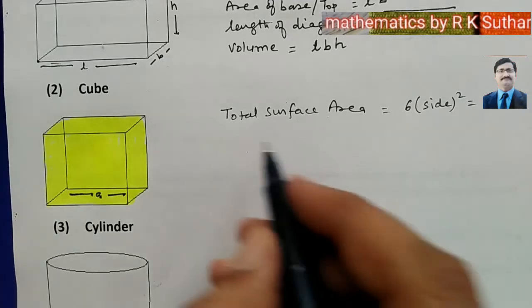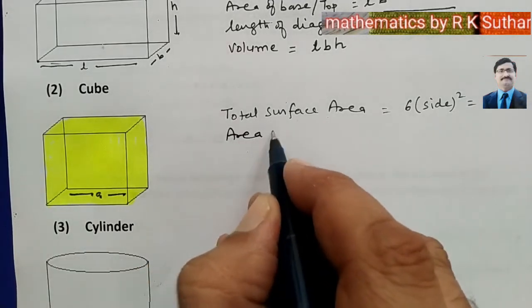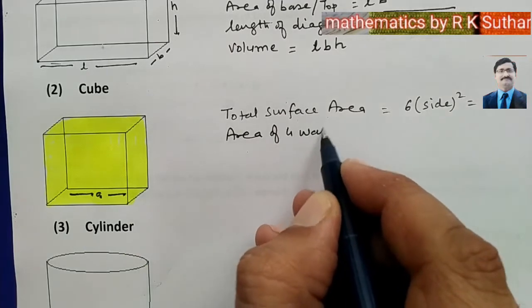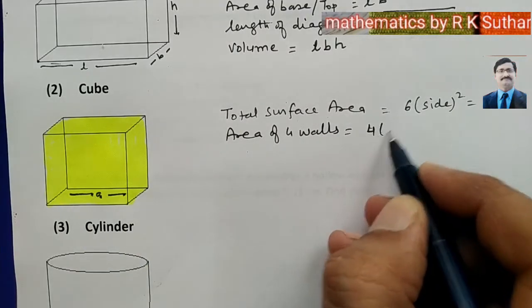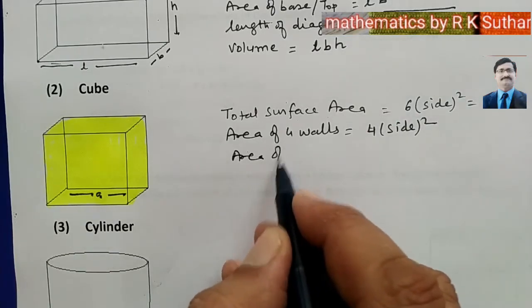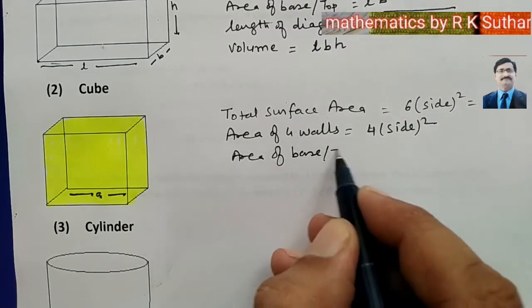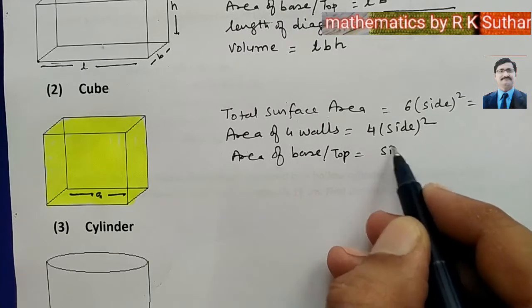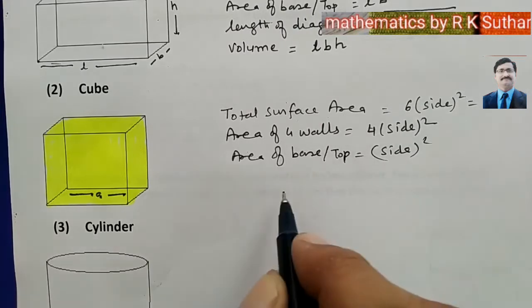All of you understand this? Now here also the area of 4 walls will be equal to 4 into side square, and the area of base or top will be side into side, or we can write side square.